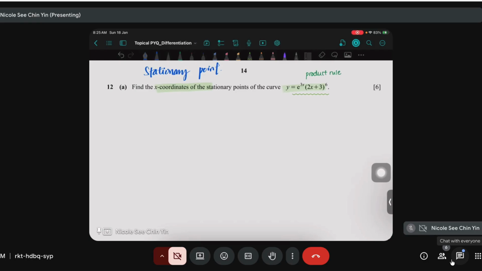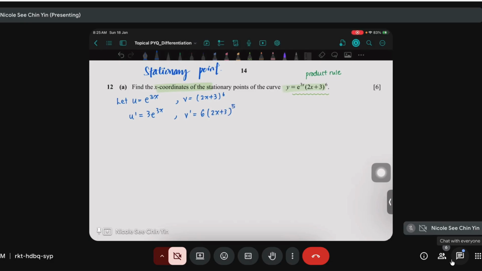Okay, so first thing I will let my u equals e^(3x), v equals (2x plus 3) to the power 6. So u prime, differentiate exponential, I get 3e^(3x). Okay, v prime I'm getting is using chain rule, so drop down the power 6, bracket 2x plus 3.